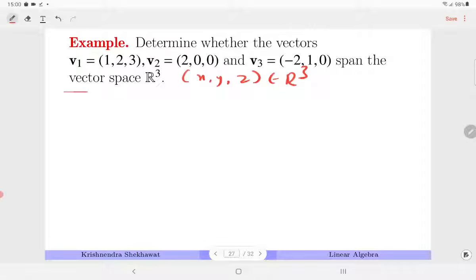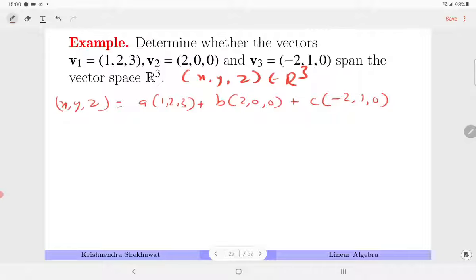So let us assume that (x, y, z) can be written as a v1, which is (1, 2, 3), plus b v2 plus c v3. So that gives you a plus 2b minus 2c is equal to x, first equation.